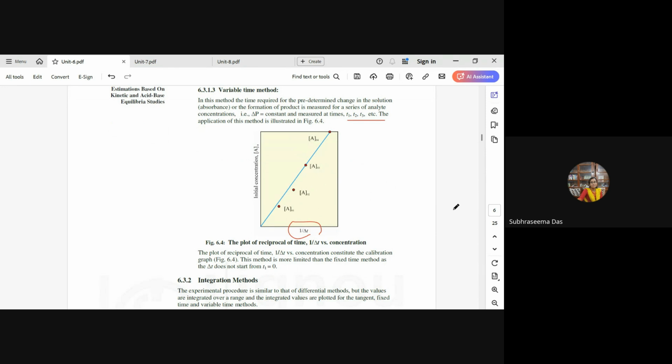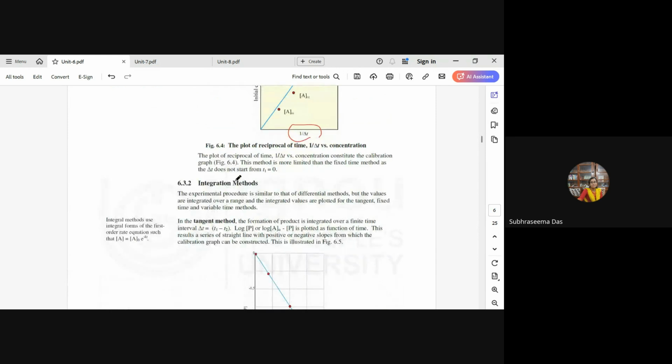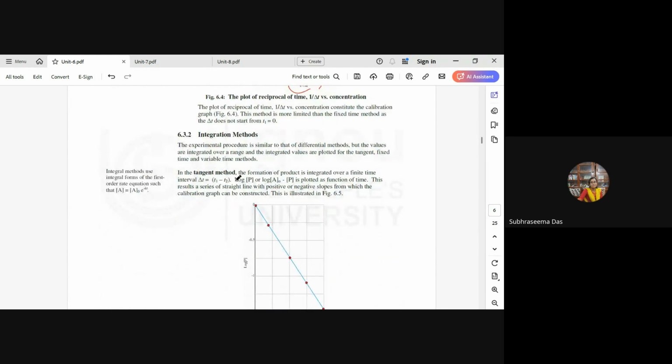However, this is actually a difficult method, because we have to take the reciprocal of delta T. Okay. Then comes the integration method.